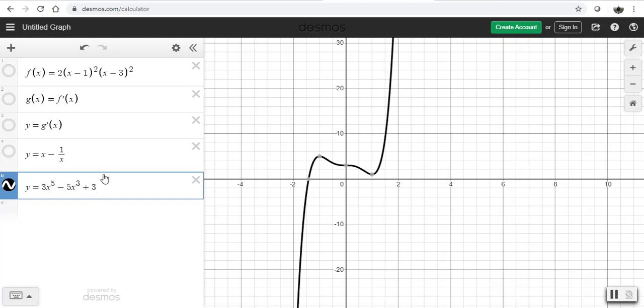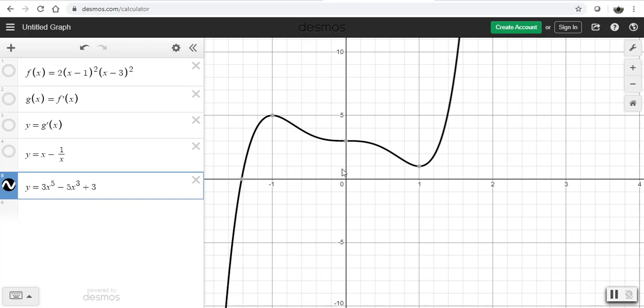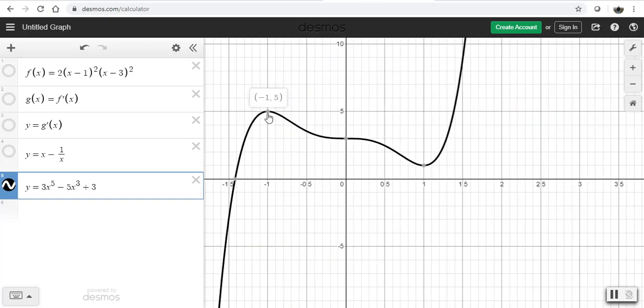So we have this nice looking graph which tells us that at negative 1, 5, there's a relative max, and at 1 comma 1, there is a relative min. Now at 0, 3, that's nothing at all because you can see that it's concave down up to, in this case, 0.